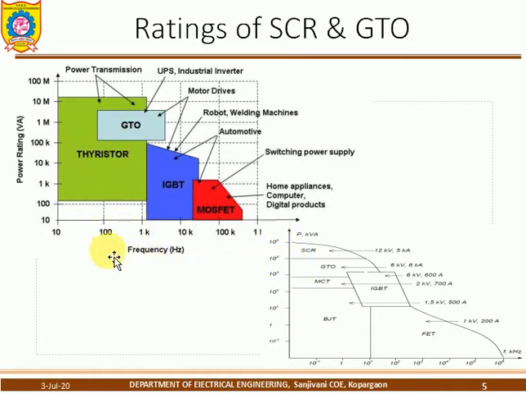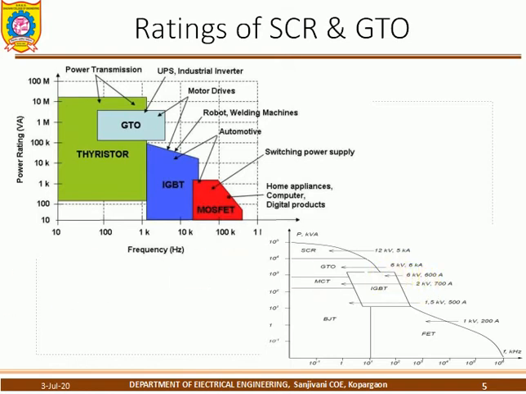The SCR is available for a maximum of 1000 kilohertz, and the power rating is higher, 10 megawatt is available for the SCR. The GTO is not available for 10 megawatt. For the GTO, 6 kV and 6000 amps is applicable.